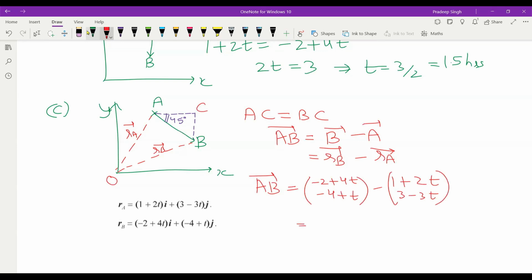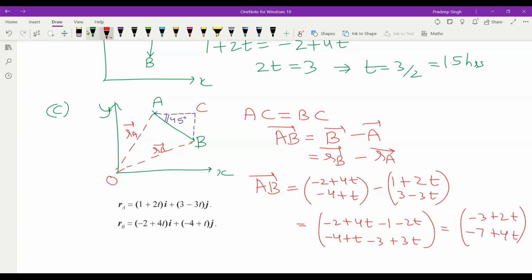And let's simplify this. In the x component, we'll get minus 2 plus 4t minus 1 minus 2t. In the y component, we'll get minus 4 plus t minus 3 plus 3t. Simplifying, in the x component we'll get minus 3 plus 2t, and in the y component we'll get minus 7 plus 4t.